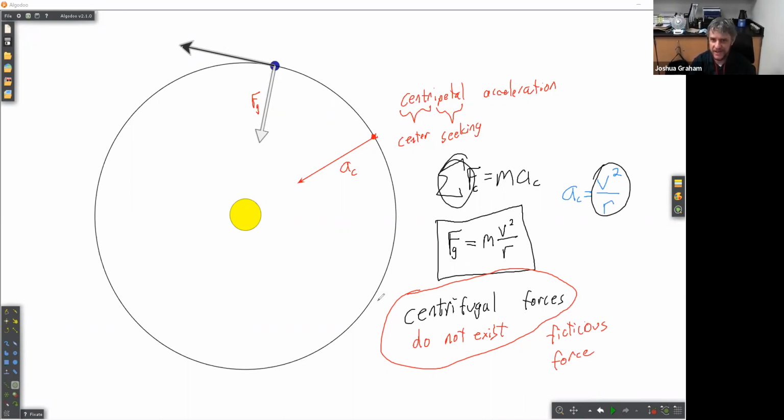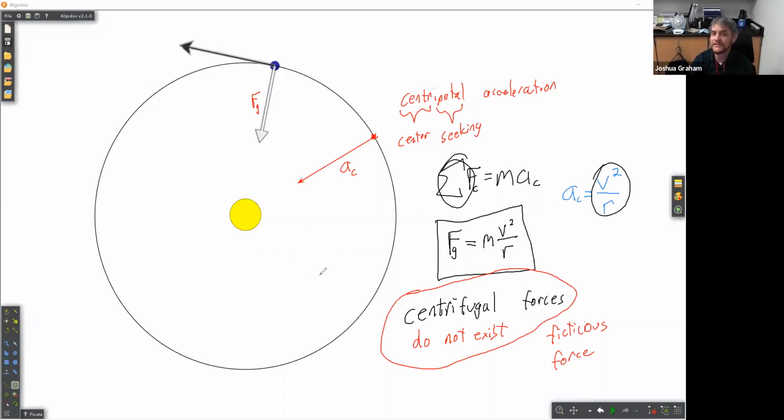So that's a general idea here. Anytime you have an object in a circle, and I'm using gravity as an example because that's what we studied yesterday, but remember, any force can be a centripetal force. Bottom line, if an object is moving in uniform circular motion, which means it's moving in a circle at a constant speed, it is constantly accelerating because the direction of the velocity vector is constantly changing.